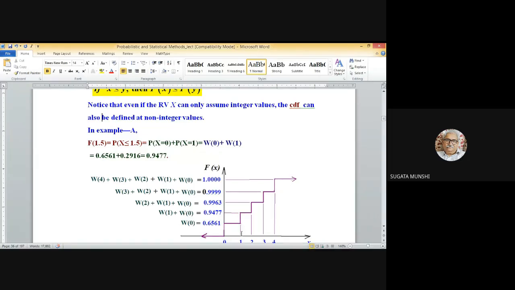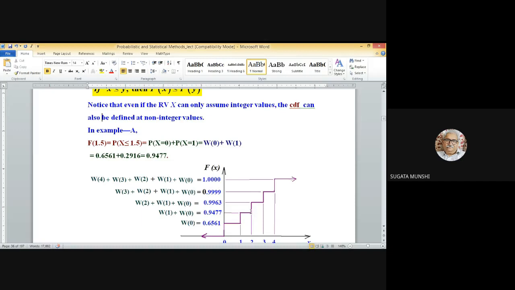Here, it has a jump discontinuity. What's the height of this discontinuity? It's simply W1. But the value that it assumes is W1 plus W0, isn't it?